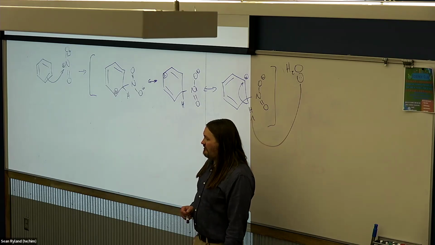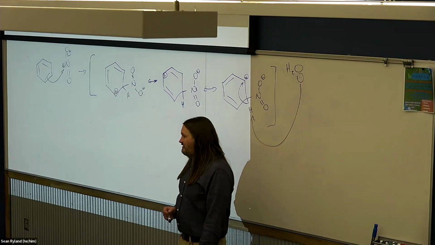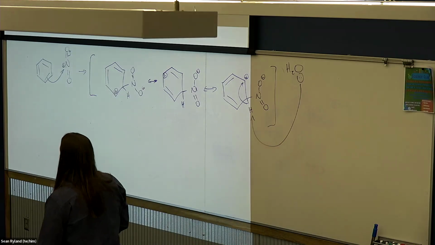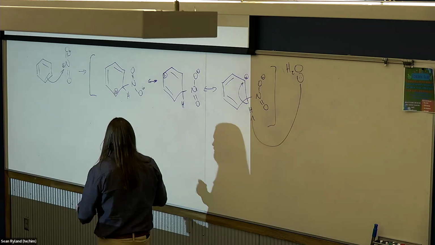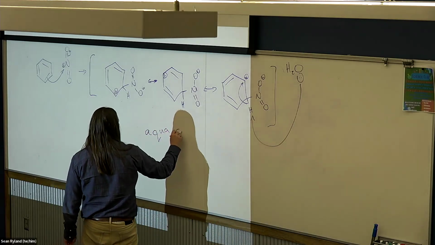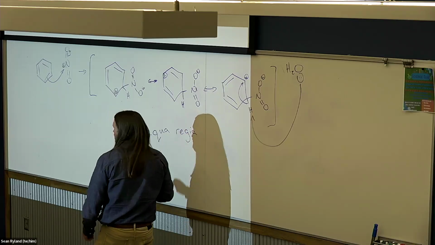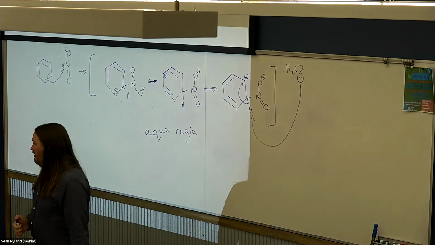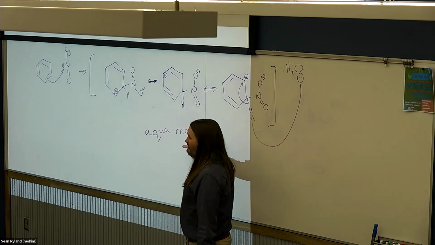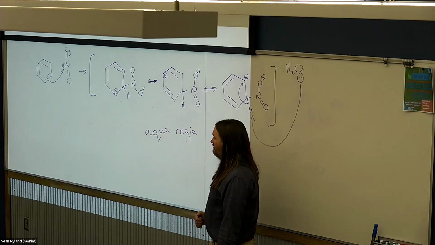If you take concentrated nitric acid and concentrated sulfuric acid and mix them together, you get what's called aqua regia, which is Latin for king water. Basically, they called it that because it'll dissolve almost anything.